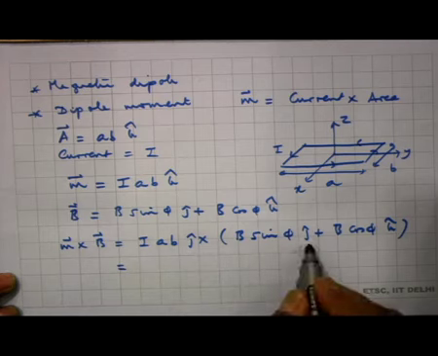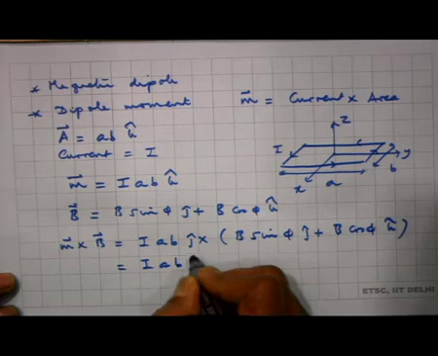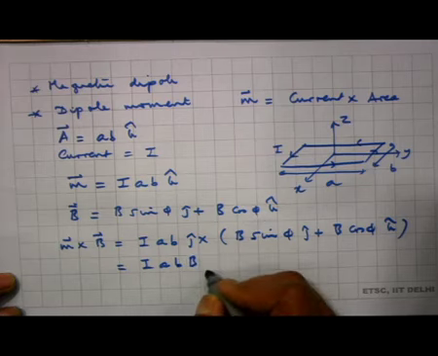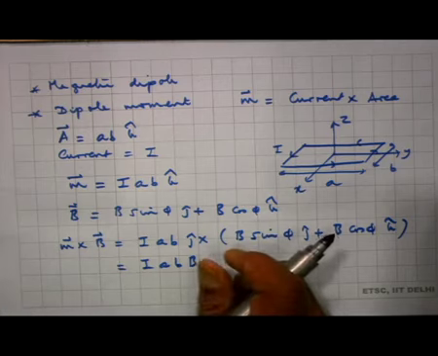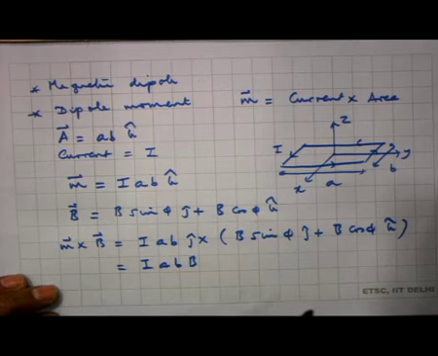J cap cross j cap is 0 and I have I A B B. Just one second.